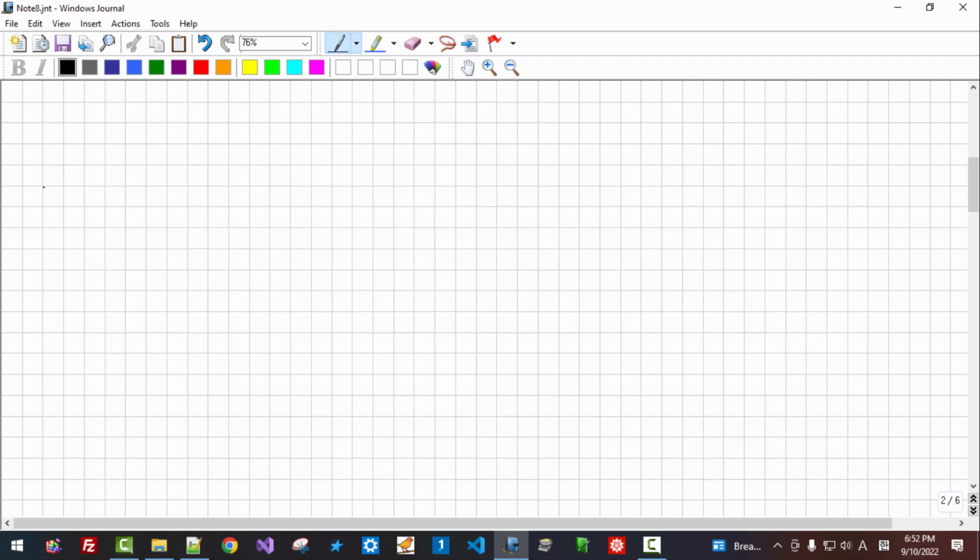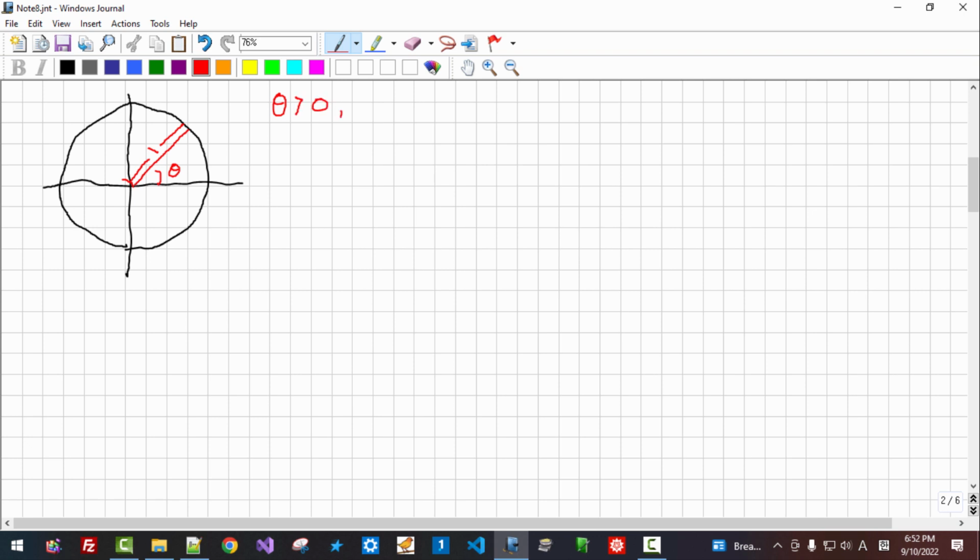Here, I draw a unit circle. This is the unit circle. This is angle theta. We assume theta is greater than 0.